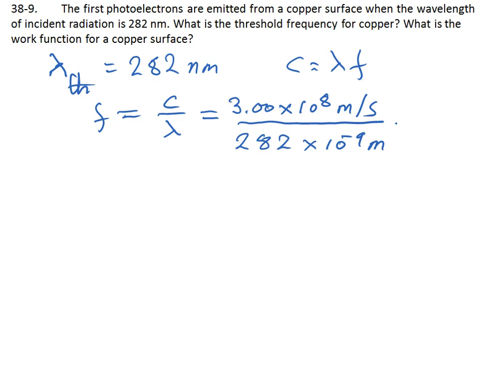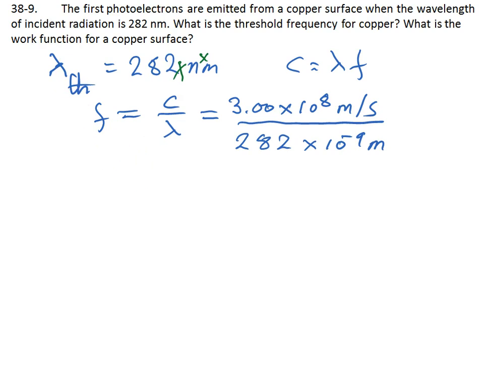We don't write it in, but you can always think that 282 nanometers actually means 282 times nano times meters, and nano means 10 to the minus 9. So there we go.